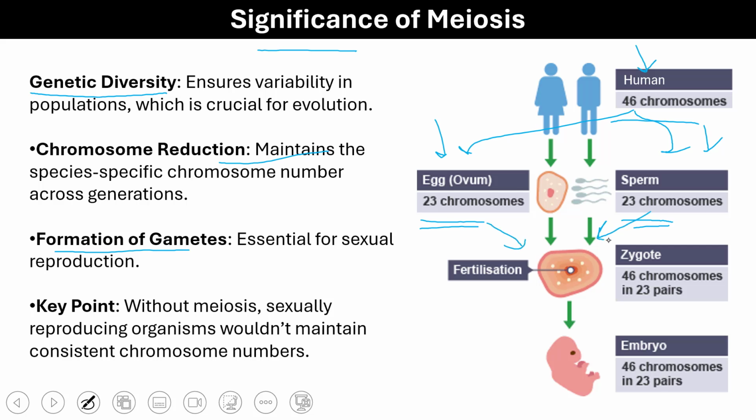Afterwards, when these gametes fuse, the resulting cell would have 92 chromosomes, and this number will keep increasing generation after generation. Thus, meiosis helps in keeping the chromosome number consistent in one particular species.